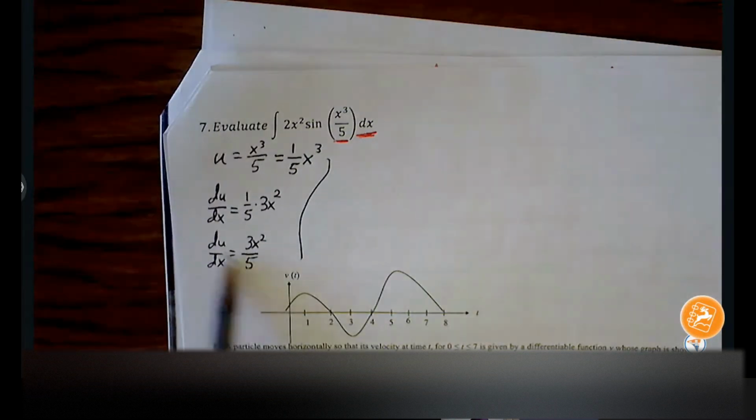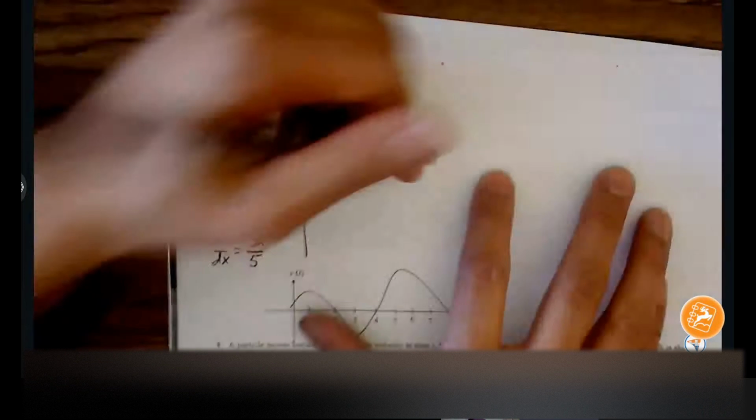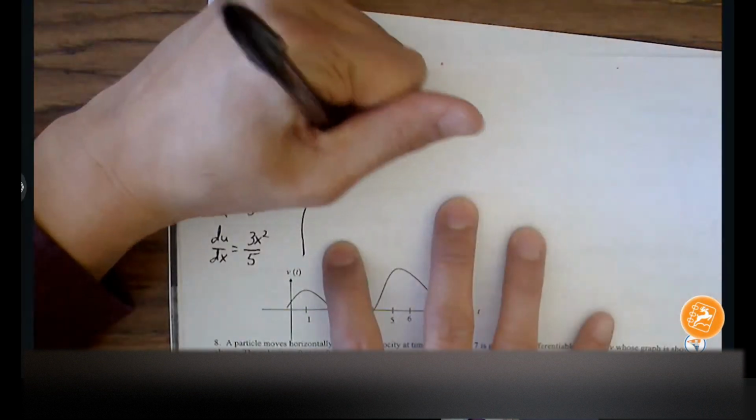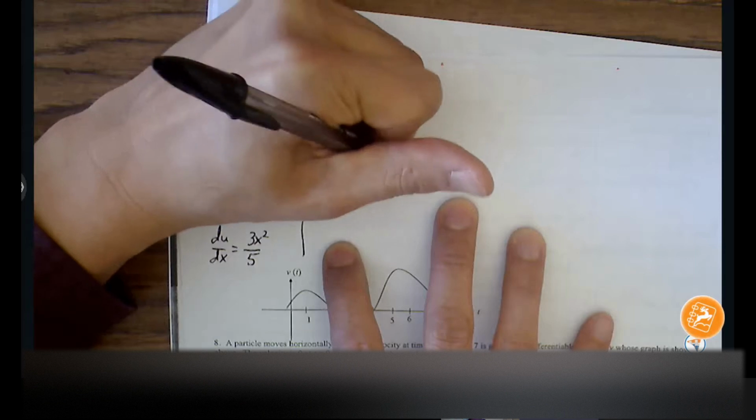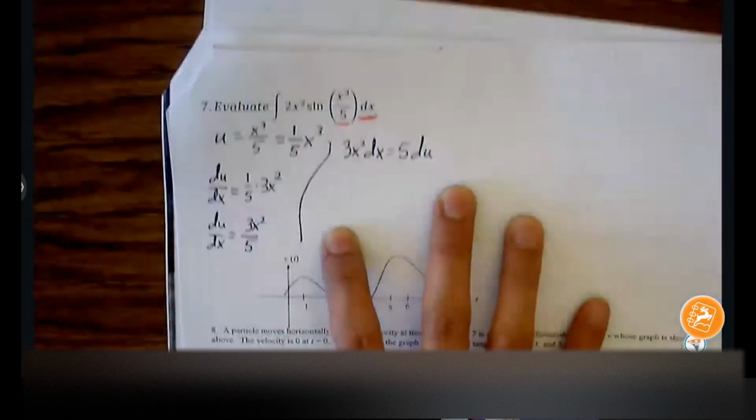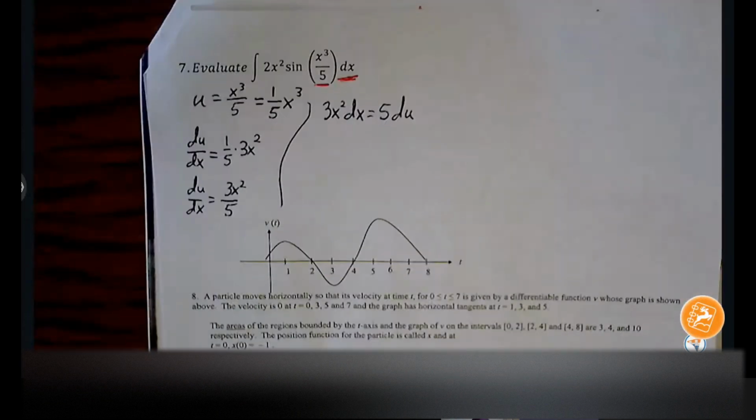So I'm going to cross multiply, get my dx by itself. Okay, what can we do to get dx by itself? How would I move things around to get dx by itself?